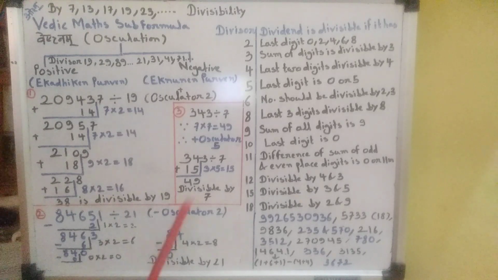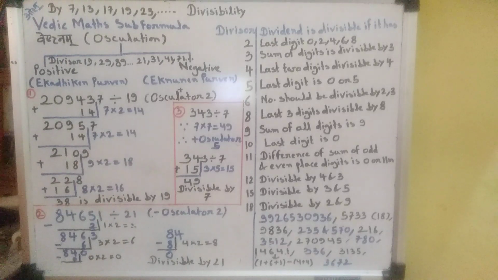So we take the positive osculator 5 and do the osculation process. Multiply the last digit 3 of 343 by 5, we get 15. This last digit 3 is deleted and 15 is added to 34. 34 plus 15 is 49. And as we know, 49 is divisible by 7. 7 sevens are 49. So the whole number 343 is also divisible by 7.